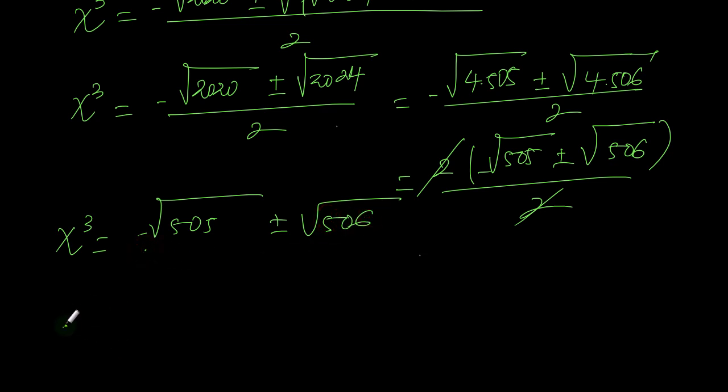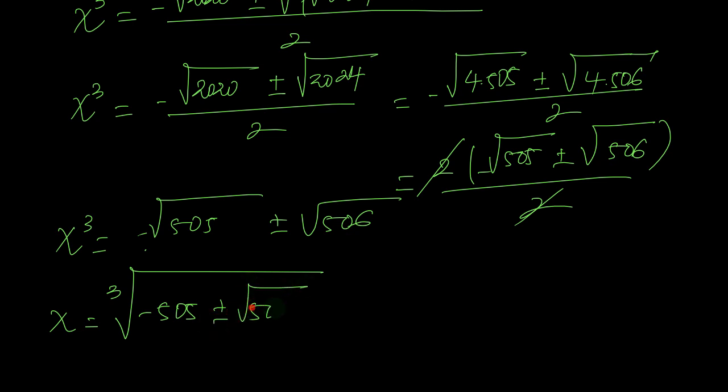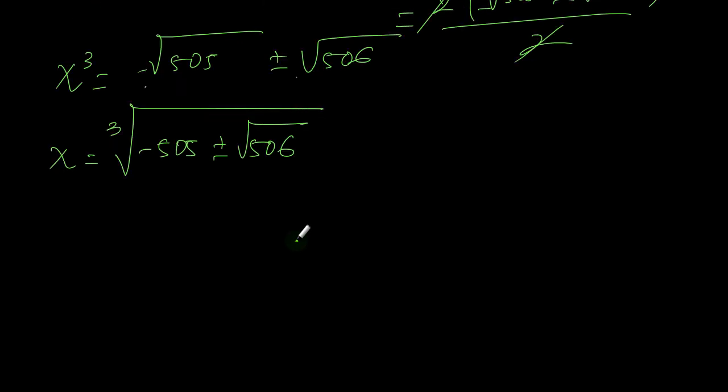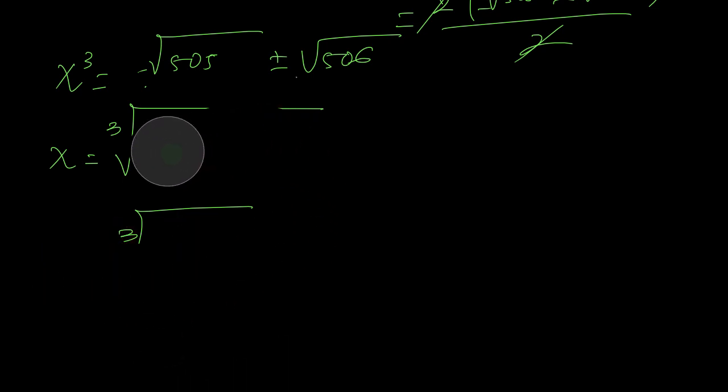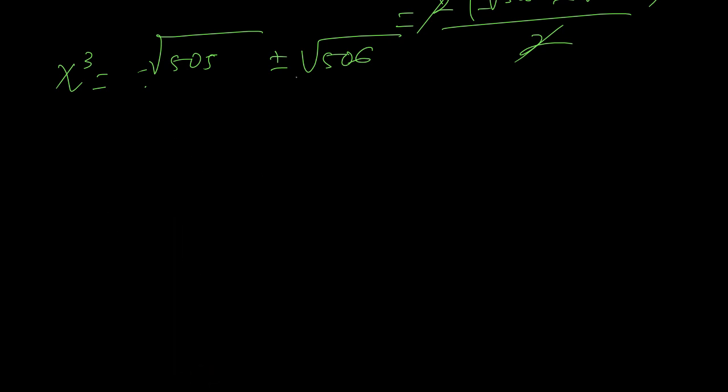And okay, now we're gonna take cubic root in both sides, right? Or we're just gonna say that x is gonna be equal to cubic root of minus 505 plus or minus square root of 506, right? And then guys, from here we have our x2 equal to what? Cubic root, sorry guys, I was making a mistake here.